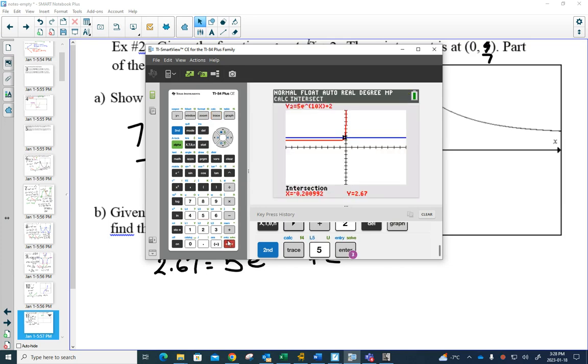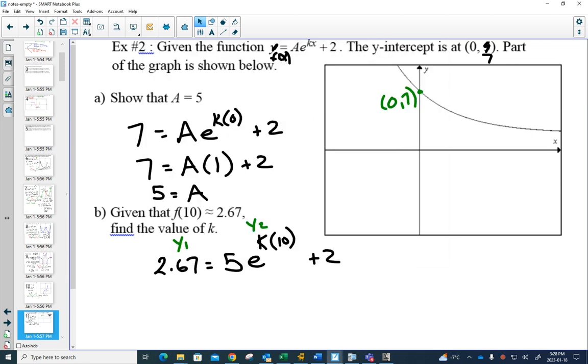Enter, enter, enter, at x equals negative 0.2. Okay. I guess technically I'm rounding, so I should use my approximation sign and use 3 sig figs. k is approximately negative 2.00.